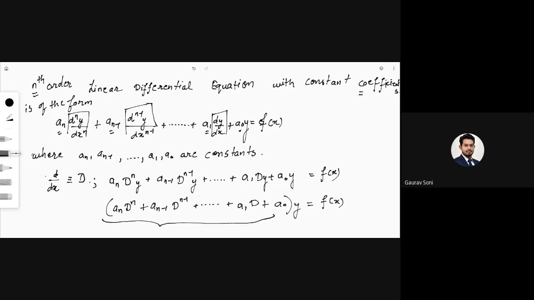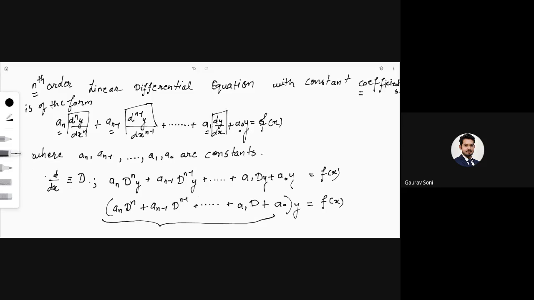Derivative. No. So this is a polynomial. So as you can recall, an x raised to n plus an minus 1 x raised to n minus 1 up to a1 into x plus a naught.